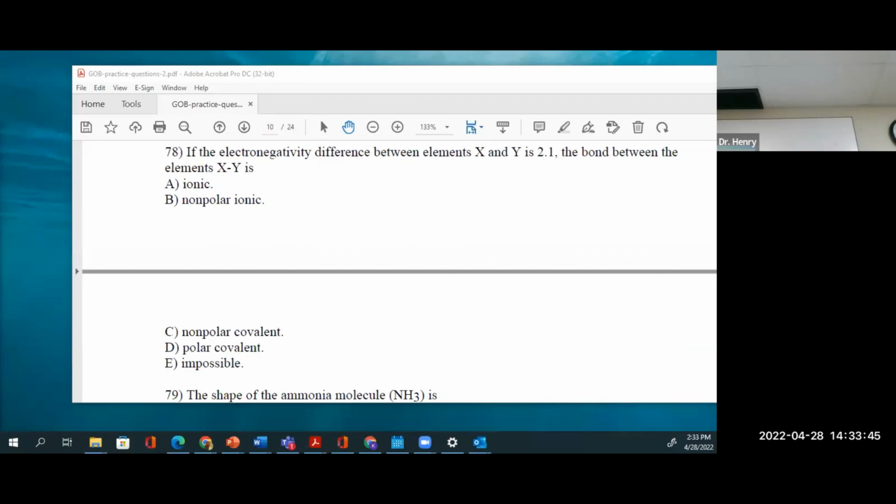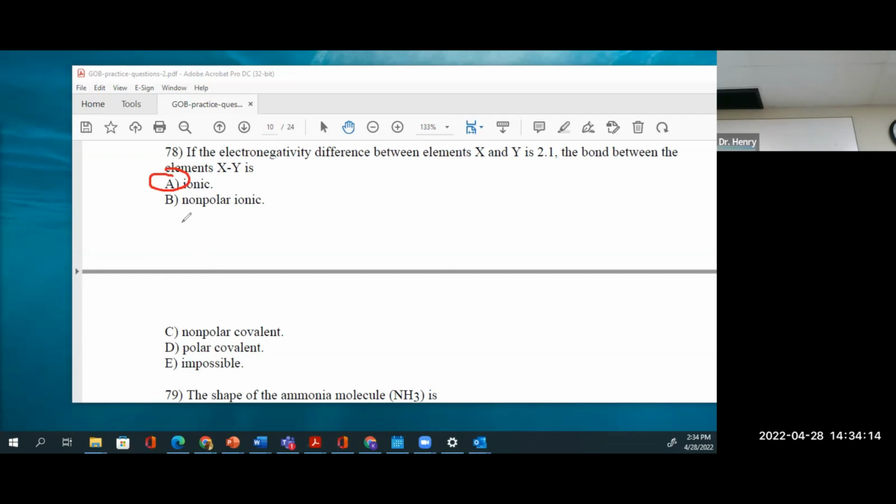If it's less than 0.5, it's not ionic. Oh, you said the answer is ionic. That is correct. If it's greater than 1.8, it's going to have ionic character.